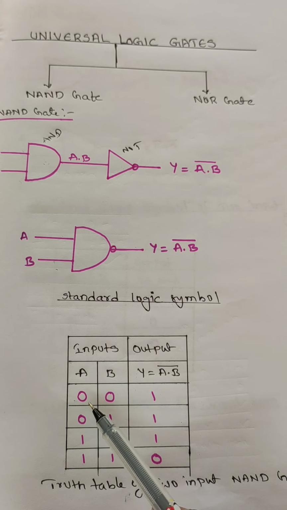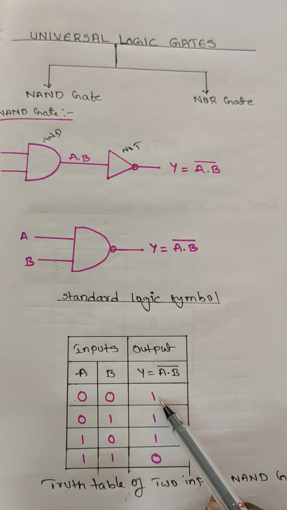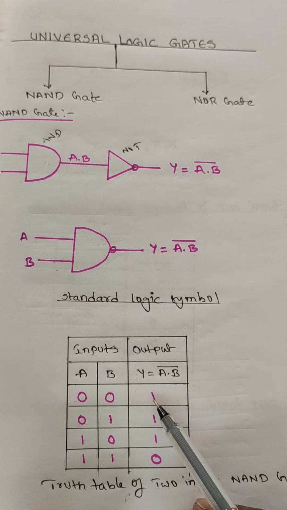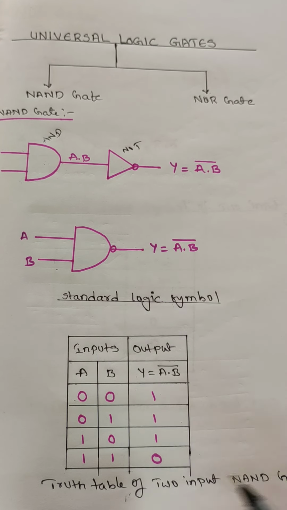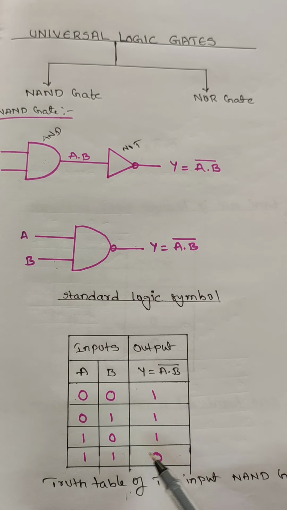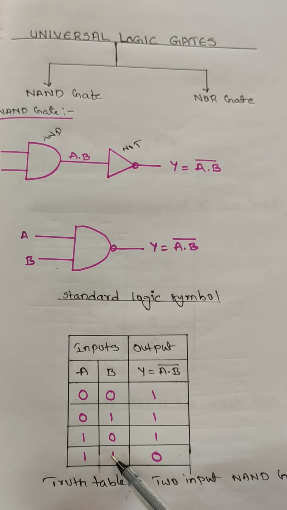The output of the AND gate is low if all inputs are high.